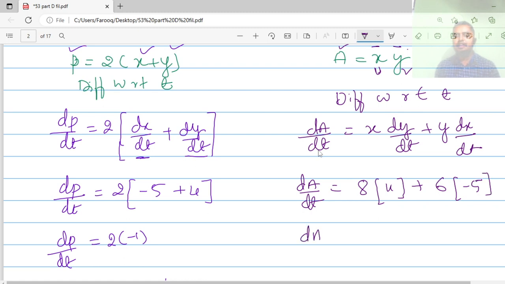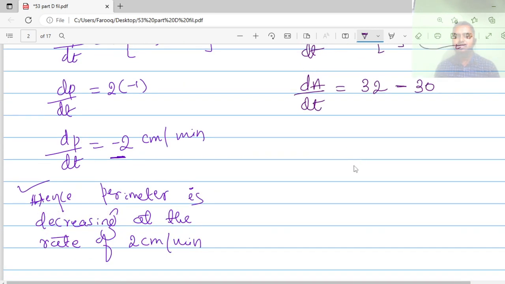So dA by dt equals 8 into 4 is 32, plus 6 into minus 5 is minus 30, and dA by dt is equal to 32 minus 30, that is 2 centimeter square per minute.